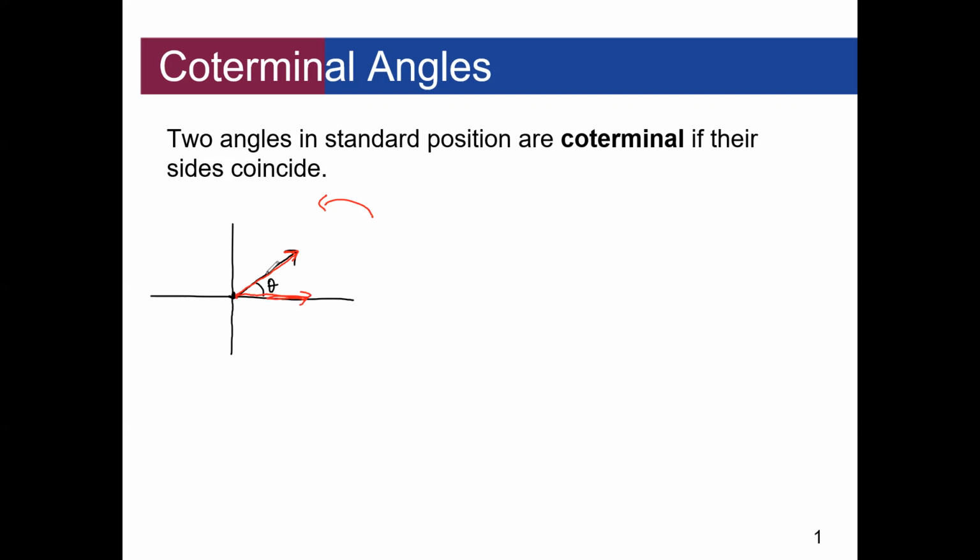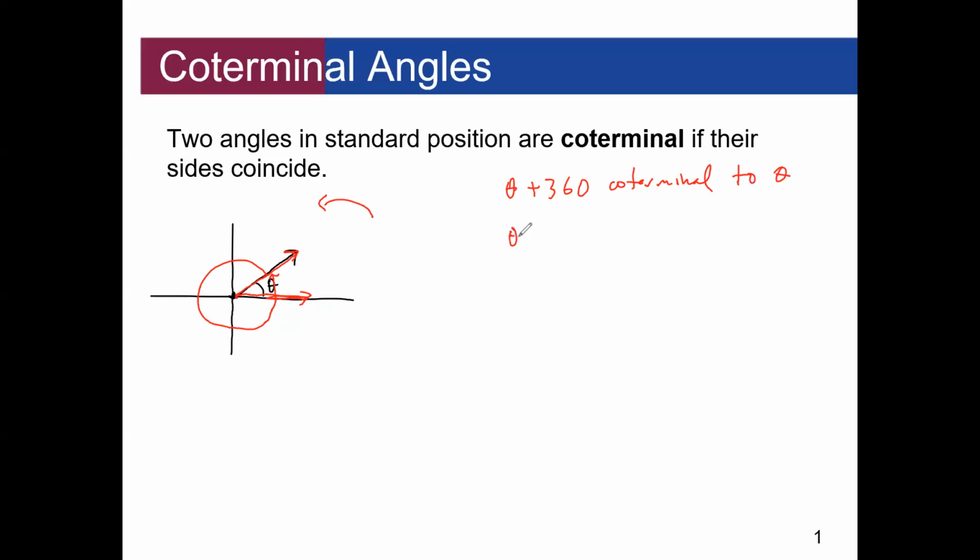Okay, so I'm going to continue and come back to the same spot. That will require adding 2 pi to the angle. So if theta is in degrees, then I will add 360 to find a coterminal angle to theta.